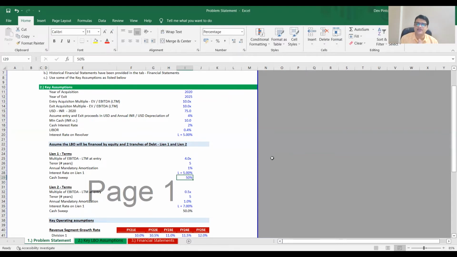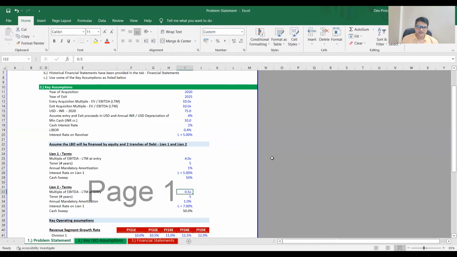After everything, whatever cash that I have left, 50% of that cash is going to be used to pay back the principal of this tranche of debt. That's all that it means, nothing else. And we will cover this in the debt schedule, so don't worry about it.